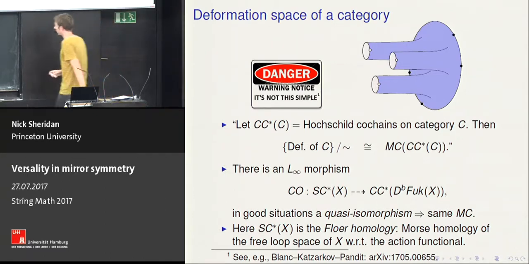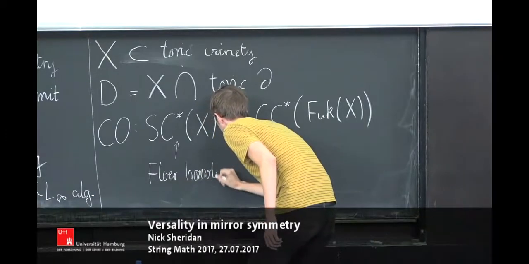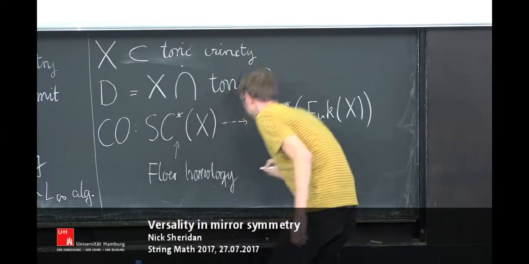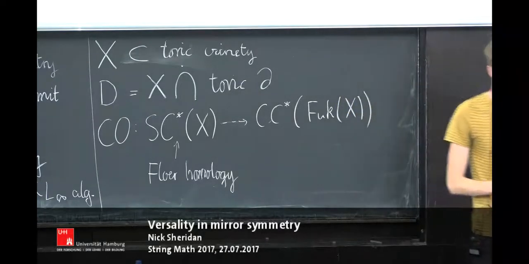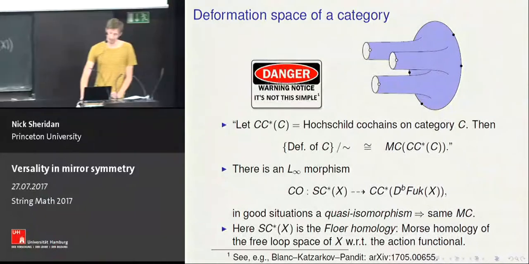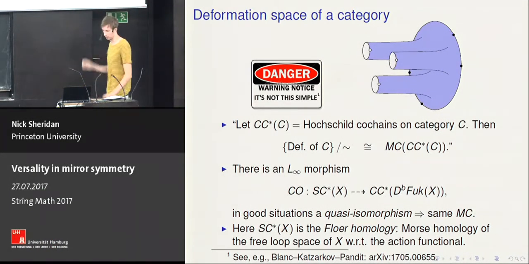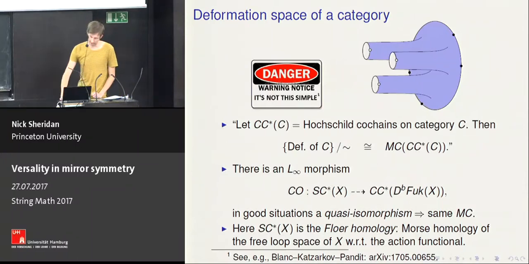Okay, so what is this Floer homology that we're using? It's the homology of the free loop space of X with respect to the action functional. It was introduced by Floer in the 80s.